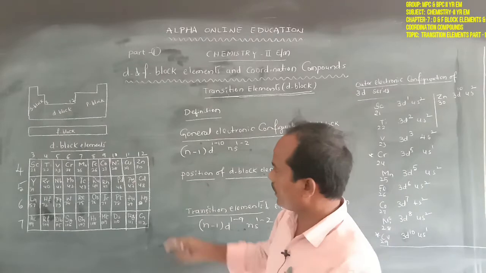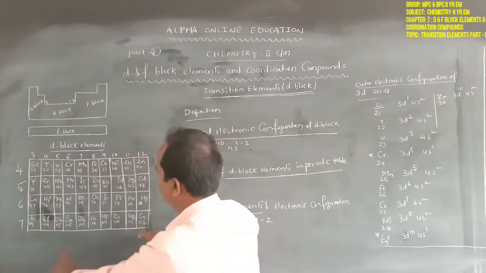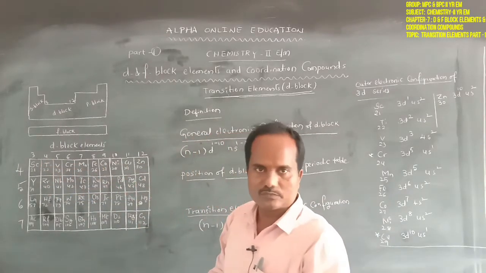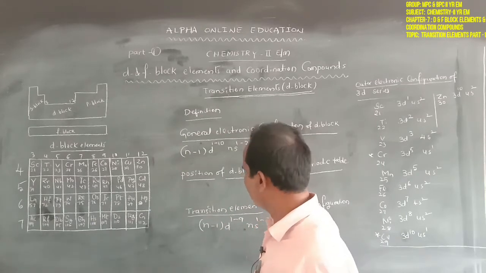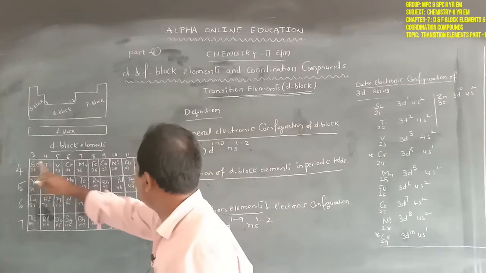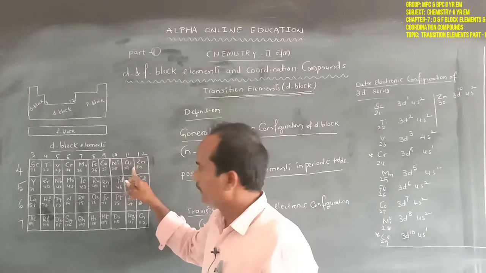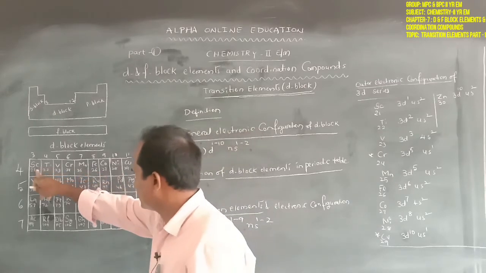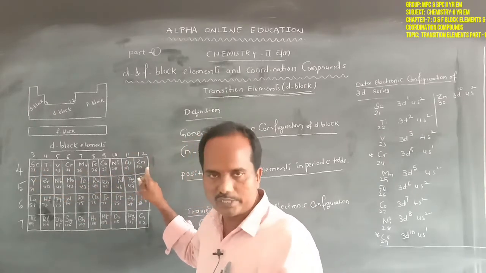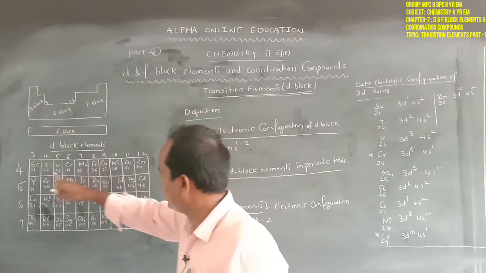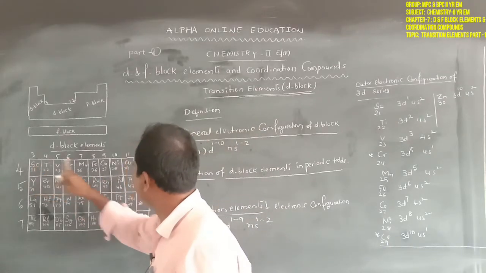When you observe the d block, the elements considered transition elements in the first transition series, also called the 3d series, are scandium to copper.